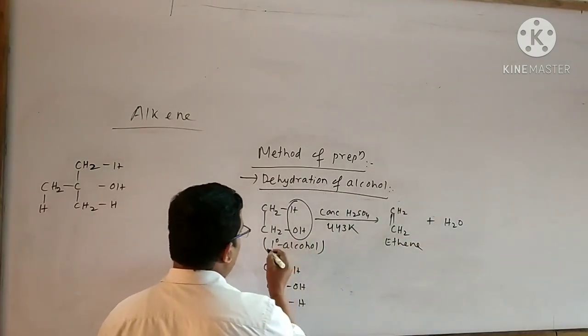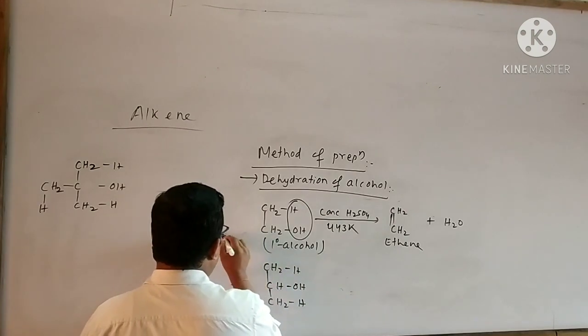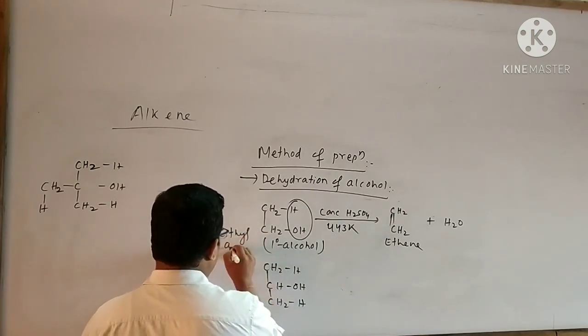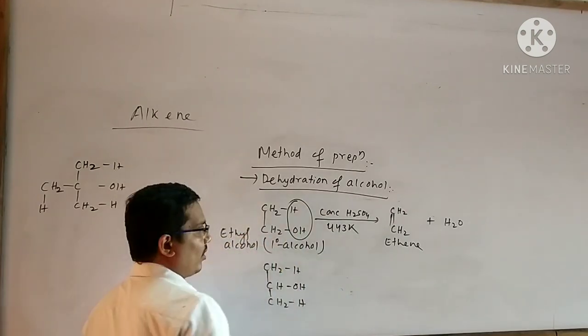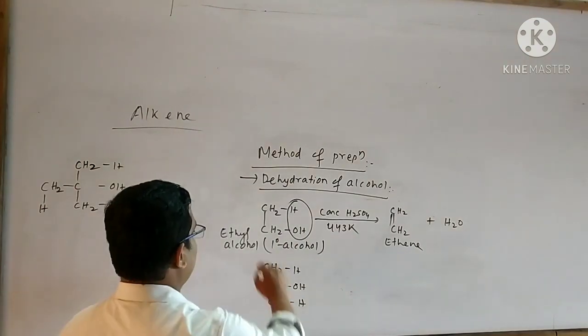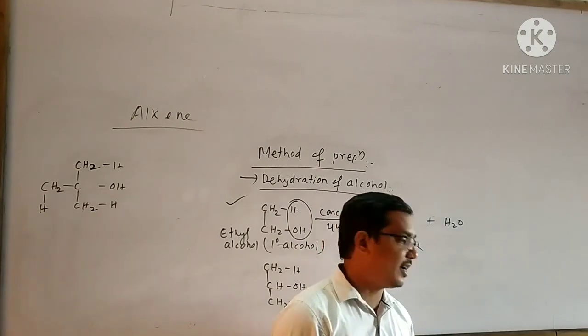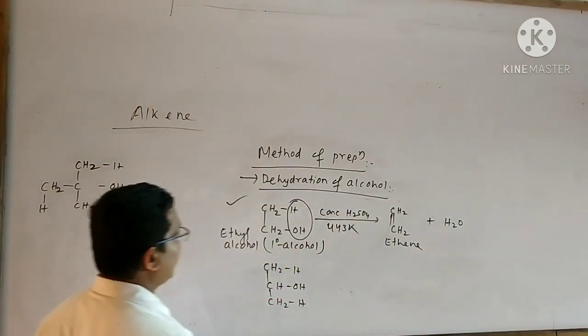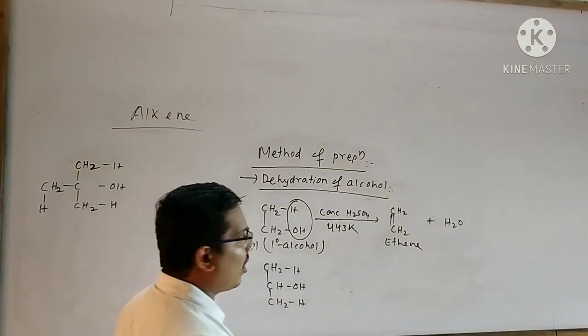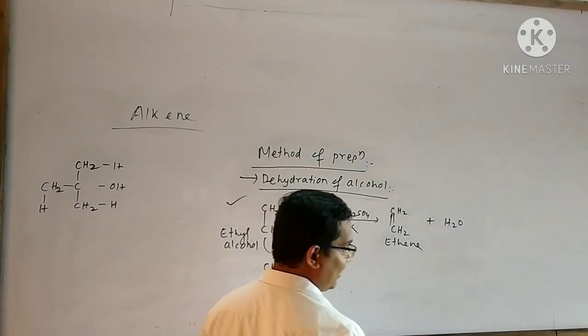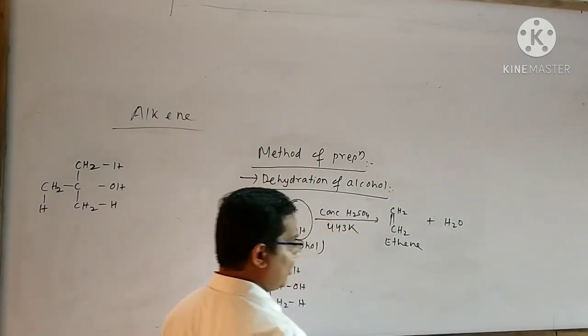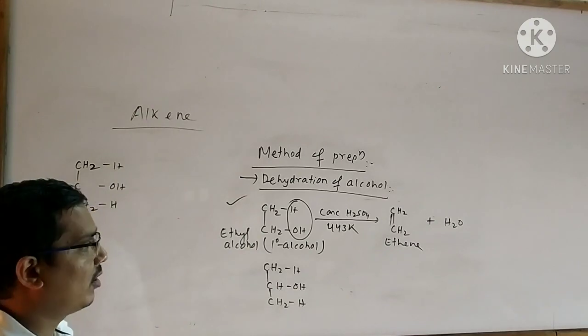The name of this compound is ethyl alcohol. So what will be the statement for this reaction? Alkenes are prepared from monohydric alcohol by heating with sulfuric acid or phosphoric acid. This reaction is called dehydration of alcohol.